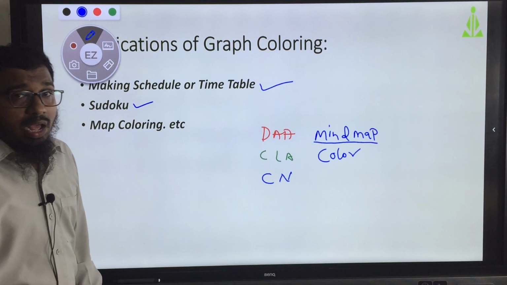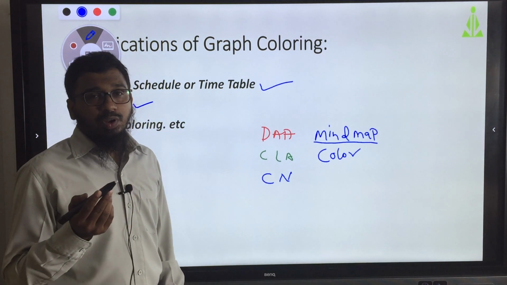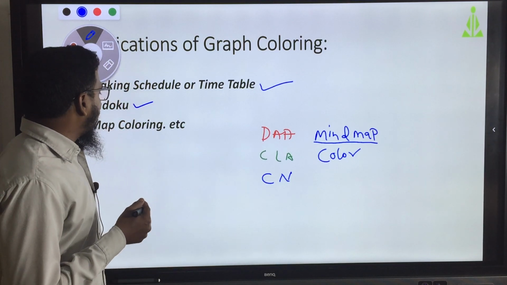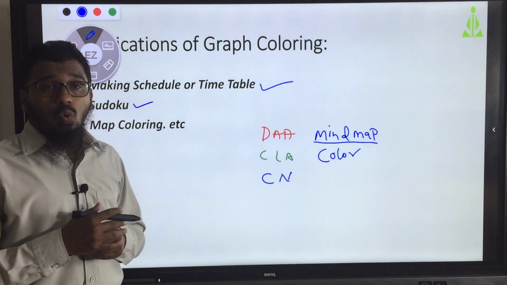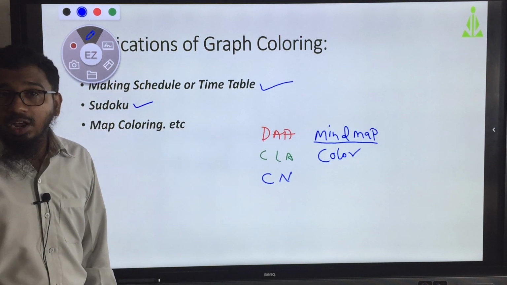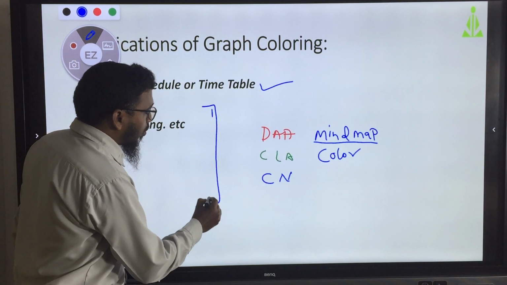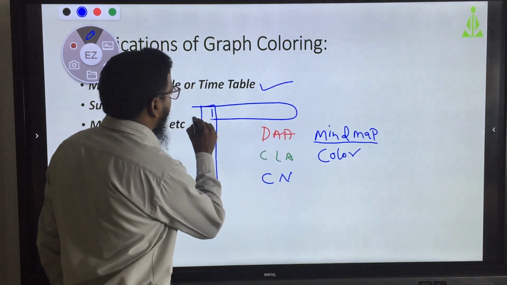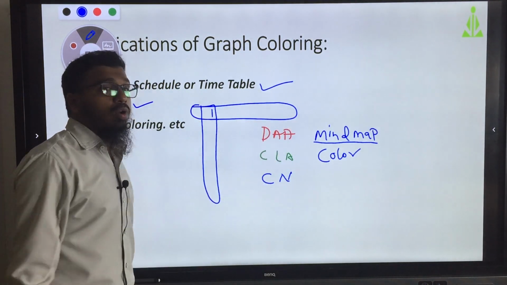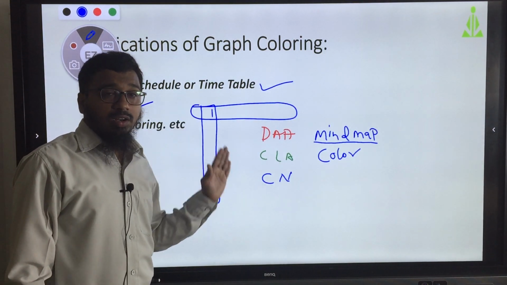Okay, fine. Sudoku. What is Sudoku? You can see the Sudoku game on a mobile phone, and previously it was in the newspapers, still it is there. The same number should not be in the same line. If you are using 1, then in this horizontal and vertical, this 1 should not be in any one of the row or column.